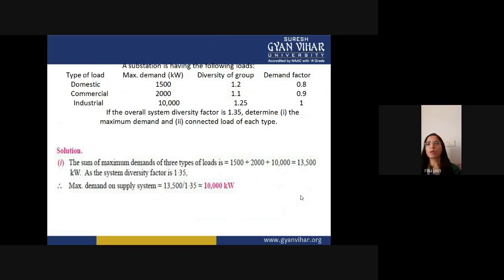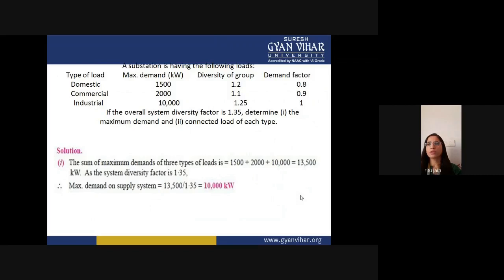In this question, maximum demand is given, connected load is not given. Diversity of the group is also given, and demand factor is also given. And the overall diversity factor is also given for the transformer, that is 1.35.